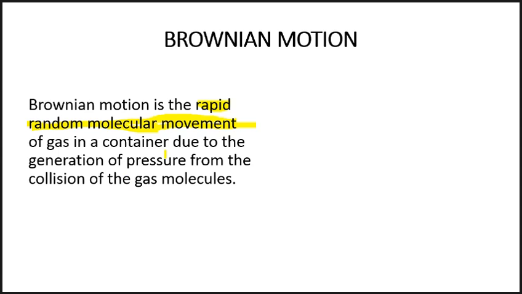Then what causes it was the production of pressure due to the collision of the gas. So the collision of the gas, creating pressure on the container, determines the rapidness of the motion of the gas molecule and the way the gas molecule moves in the container.